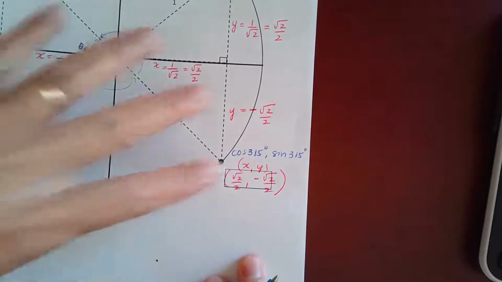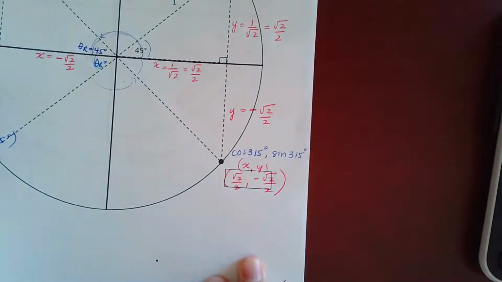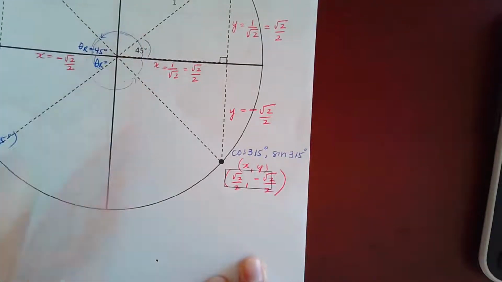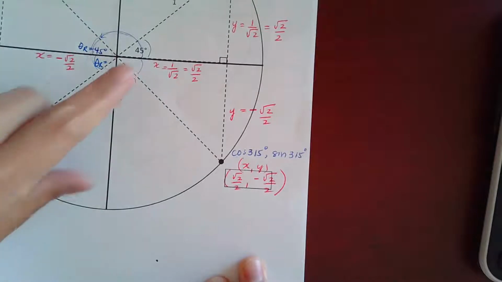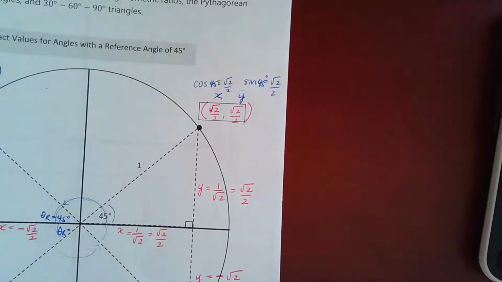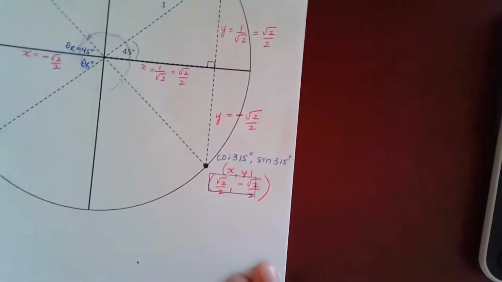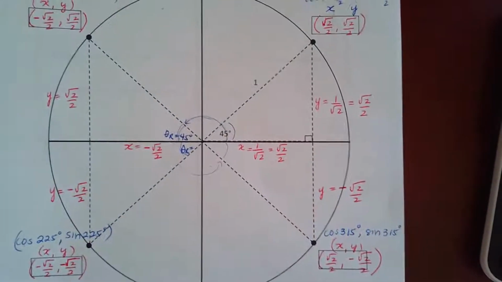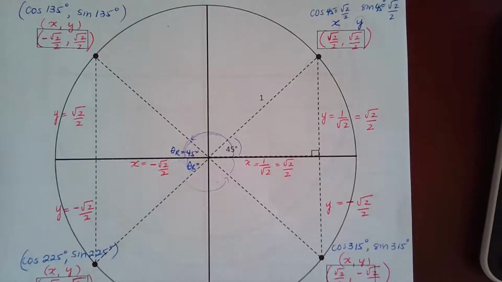Okay, so take a look at these questions. This is a special angle of 45 degrees, a reference angle of 45 degrees. We talked about CAST before, and we said to follow the CAST idea.